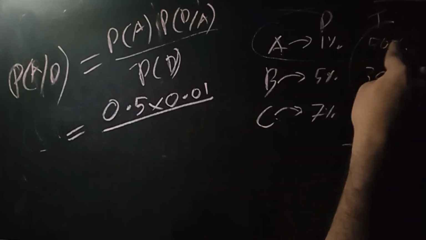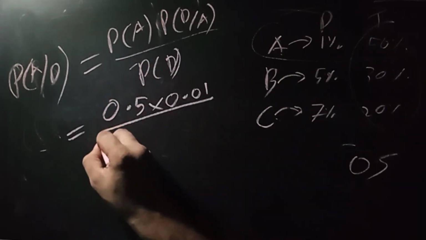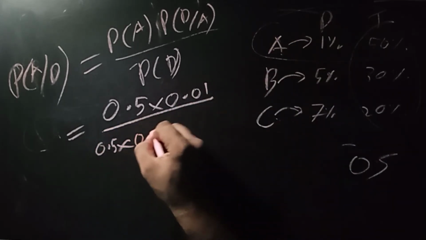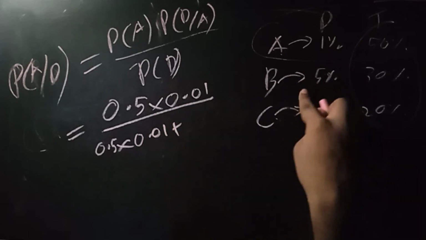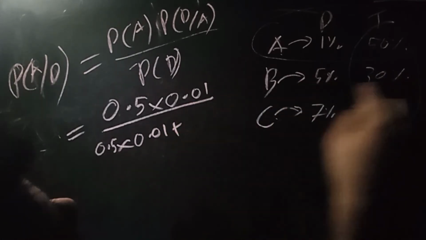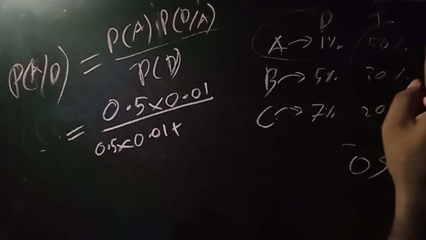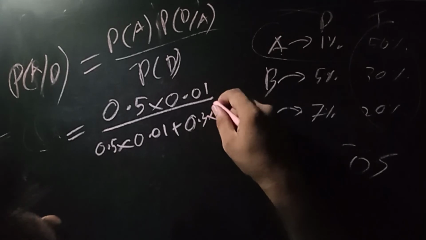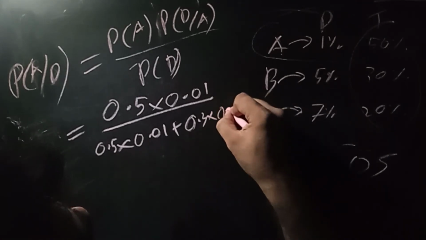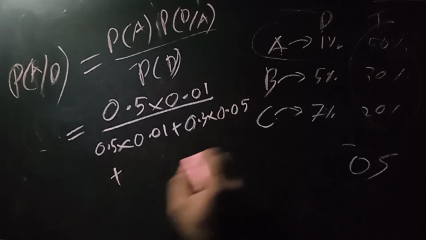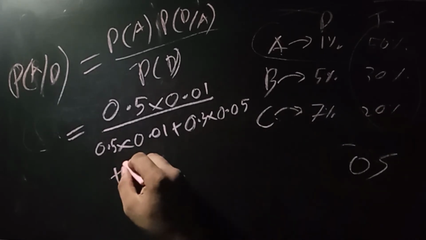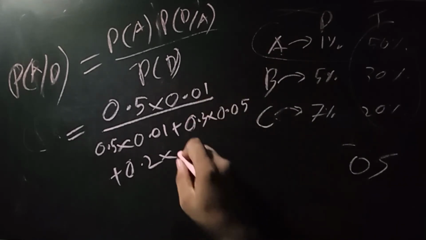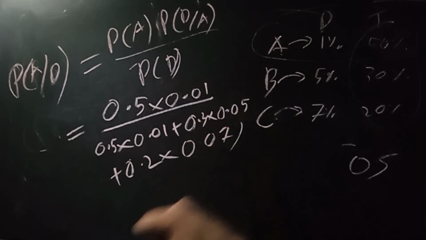That will be first probability of A, that is 0.5 into 0.01, plus probability of B. Since it is 30% of the time, it's gonna be 0.3 into 5% defective, so 0.05, plus C, which is 20% of the time, so 0.2 into 7% of them are defective, so 0.07.